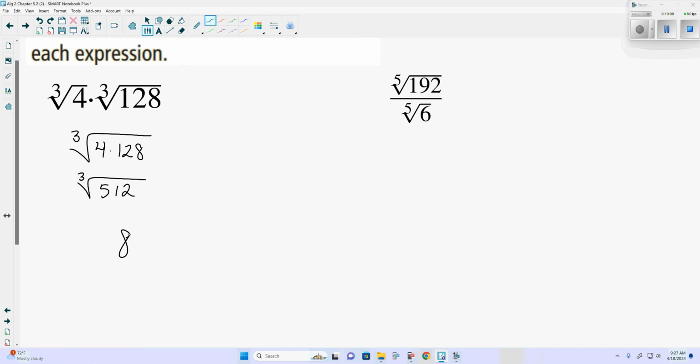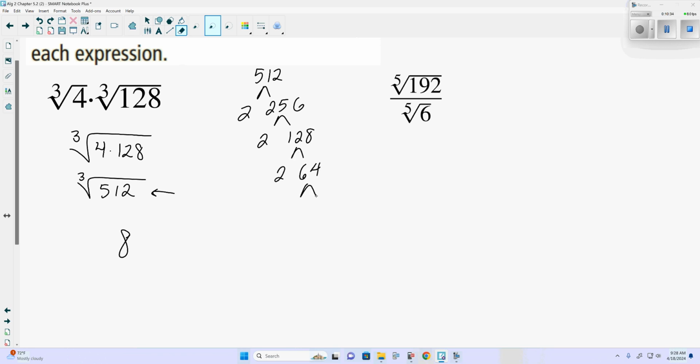Because we're just trying to find a number times itself 3 times to get to 512. And we can do that with factor trees or different things to break this number down. Because 512 is 2 times 256, which is 2 times 128, which is 2 times 64, which is 2 times 32, which is 2 times 16, which is 2 times 8, which is 2 times 4.